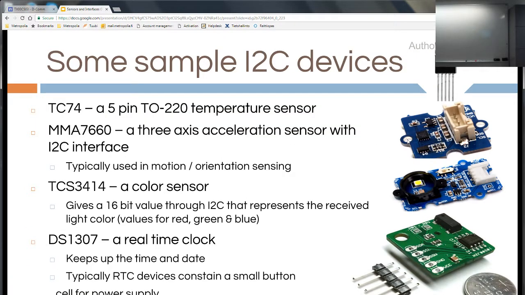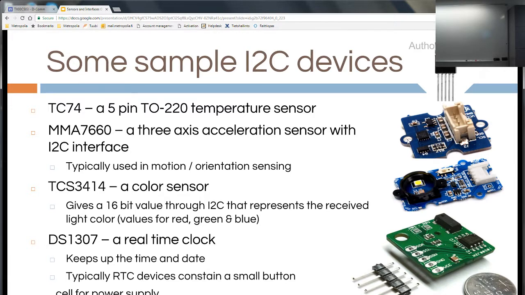All right. Some I2C devices. Yeah, and then some. I got some TC75s, I think, just because... TC74. Sorry, TC74 four, just because it's easy to connect to that wiring board. Okay.